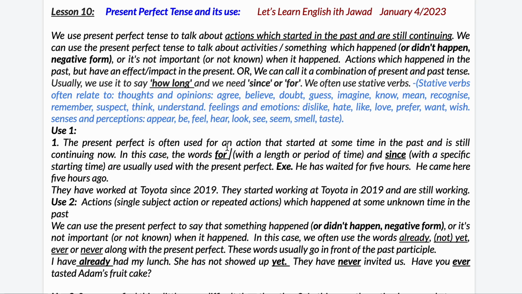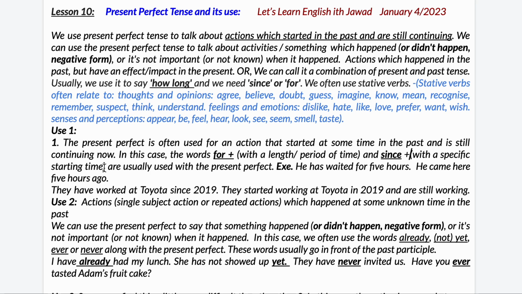Okay, let's do it this way. We use for plus a length or period of time, and then we use since. When we use since, we have to use since plus a specific starting time, which means since 2 o'clock, since last week, since last month, since last Friday, since this morning, since 6 o'clock this morning.